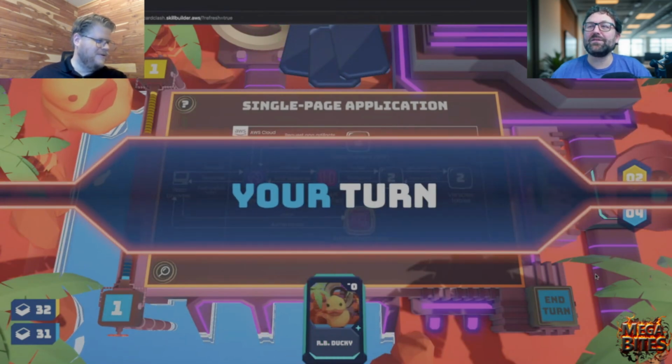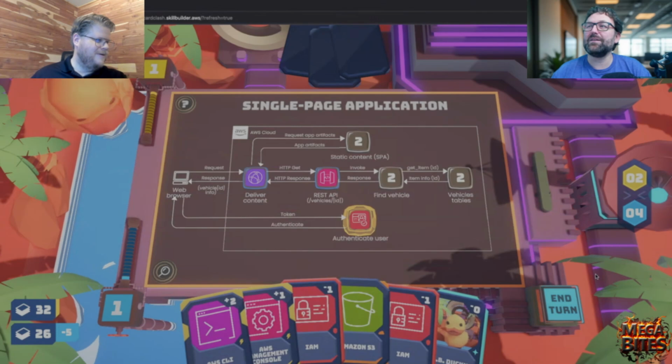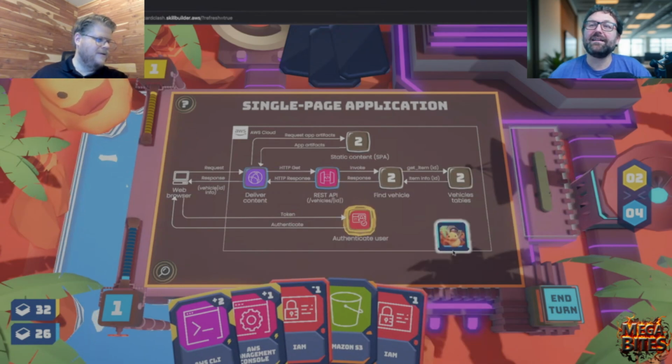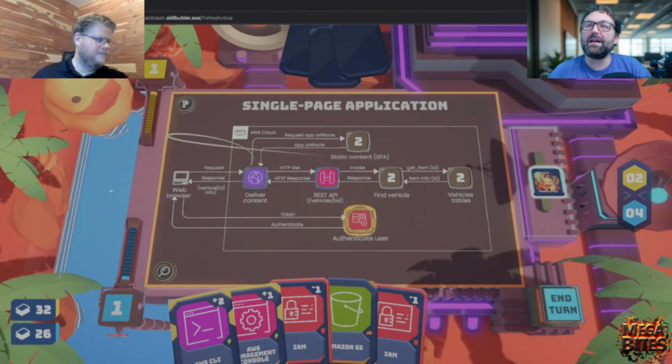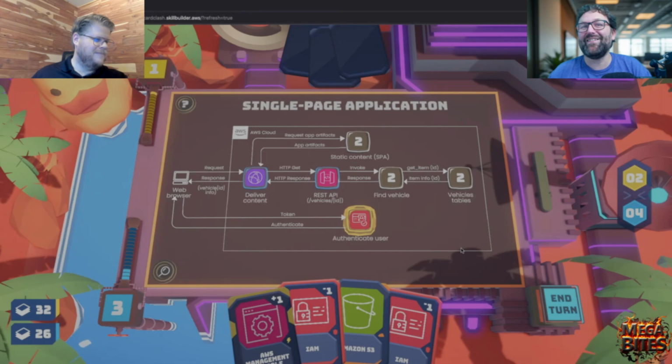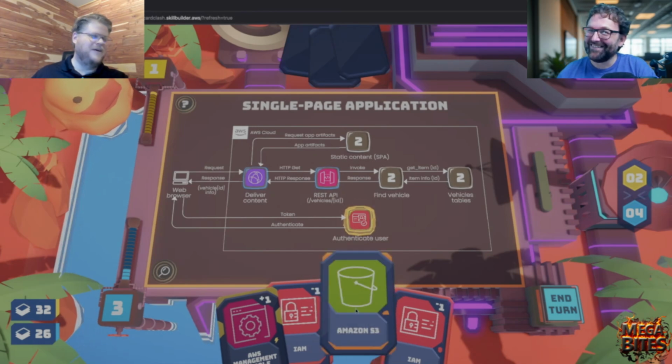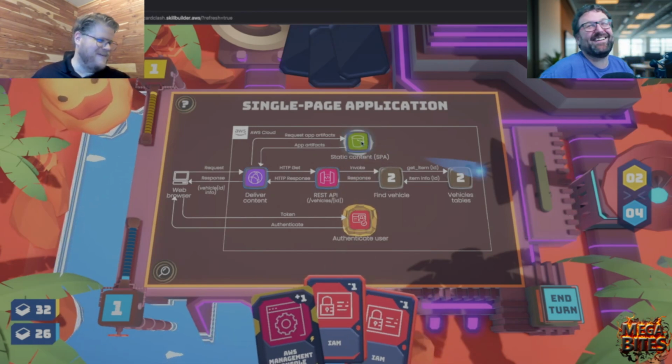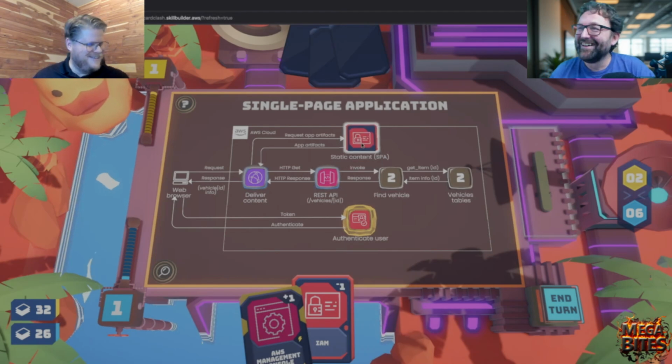All right, CLI. Throw the CLI. Yeah, throw the ducky away. We don't need ducky. Throw the CLI. Place the S3 bucket. And I'll let you secure it this time if you really want to. Oh, I really want to, Marco. You've no idea how much I want to. There you go.